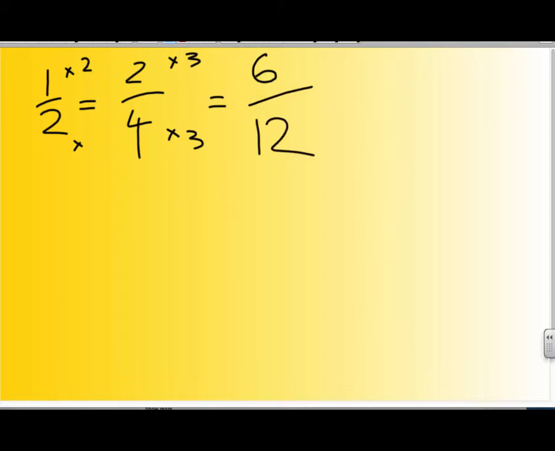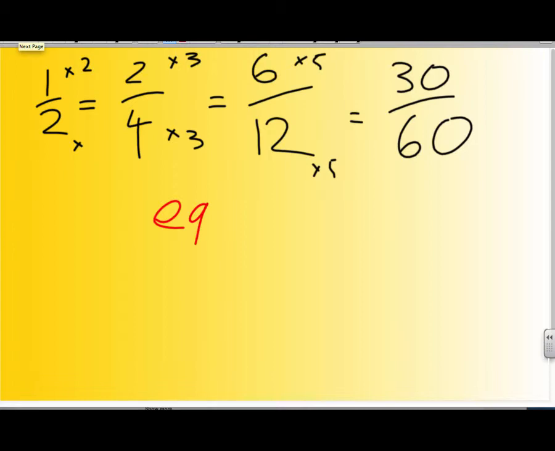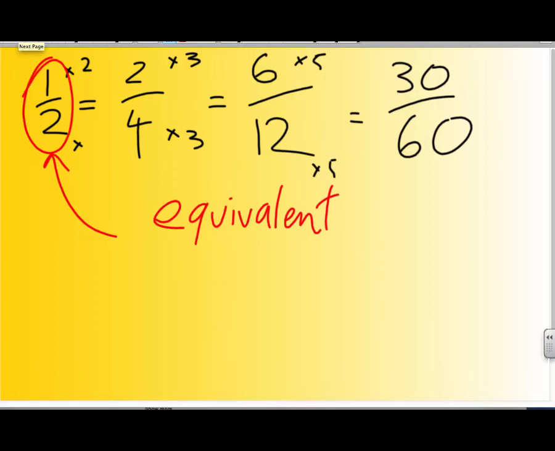You can times the 6 by 5 if you want, so you've got to do the bottom by 5. 12 times 5 equals 60, so 30 over 60. You can keep going on forever. They are all equivalent. They all basically just equal 1/2. I hope that's made some sense to you.